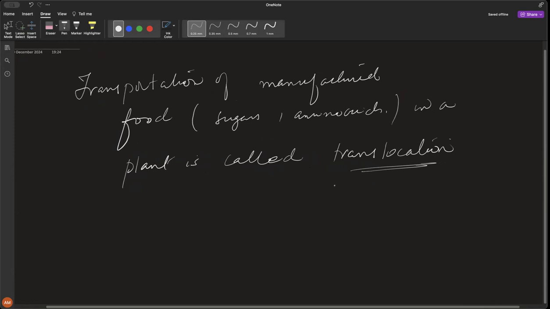It can only take place in phloem. The translocation can only take place in phloem, right?